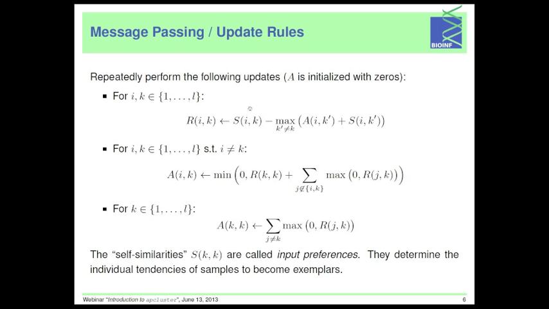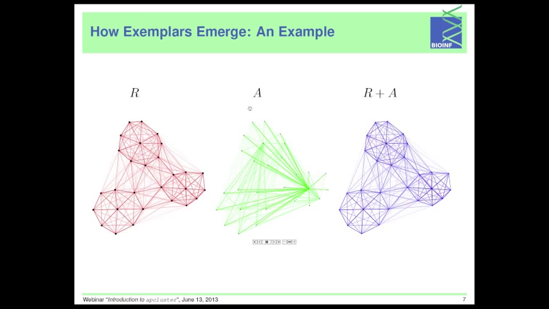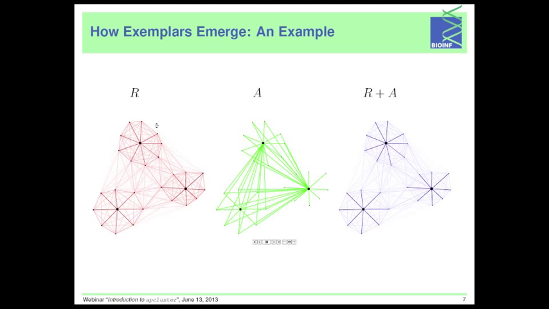So here is a little animation. You see a couple of samples. The strength of the color here in the left panel corresponds to how high the responsibility between pairs of samples is.